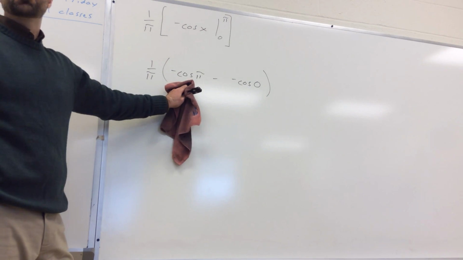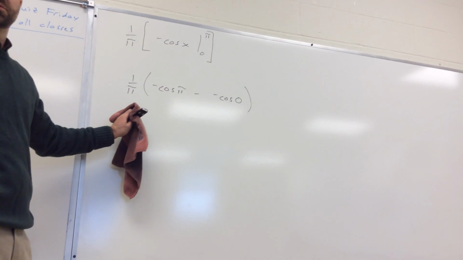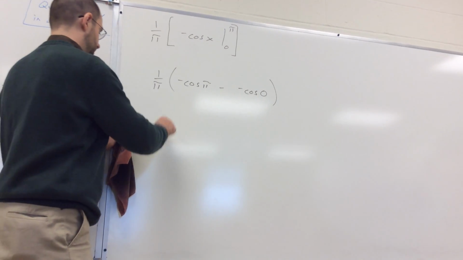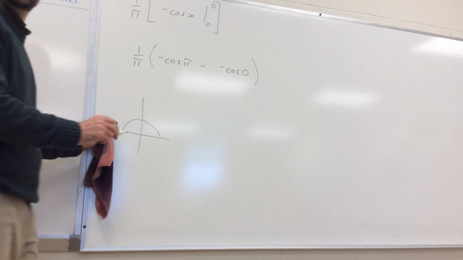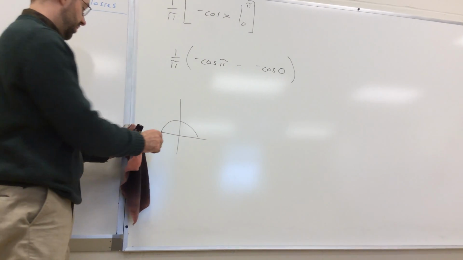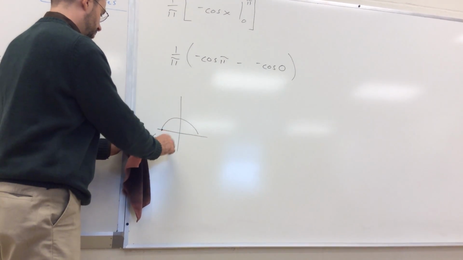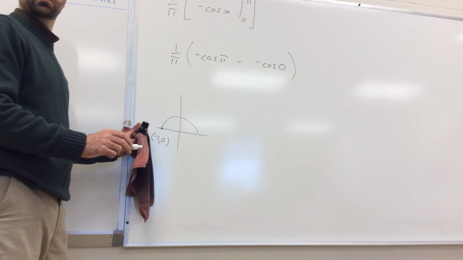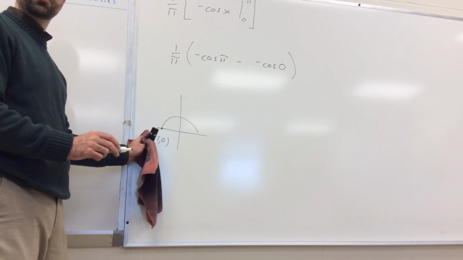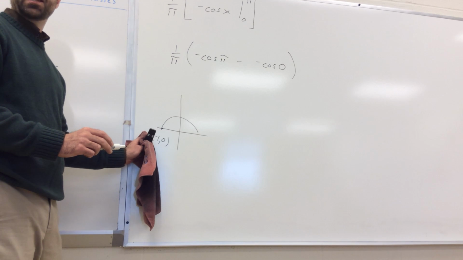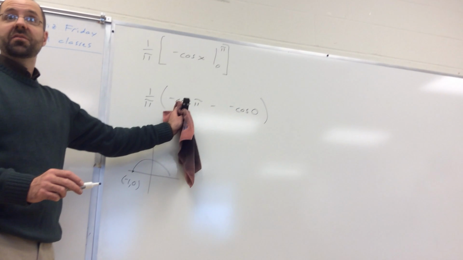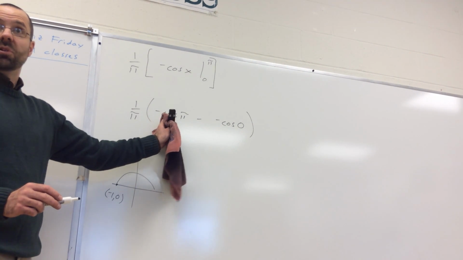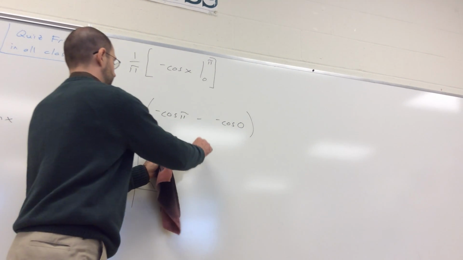So I guess we better do the trig non-calculator as well. On the unit circle, pi radians is over here. That terminal point is the point -1, 0. Cosine is the x value, so the cosine of pi is -1. This is the opposite of the cosine of pi, so it's the opposite of -1. So it's 1.